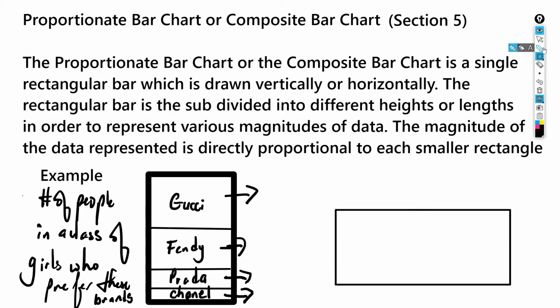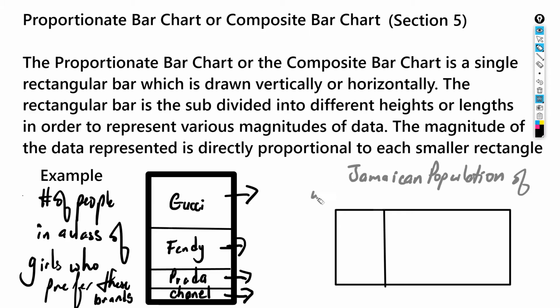So let's say that this horizontal chart has only two regions, and this bar chart represents the Jamaican population, in terms of who prefers track or football.